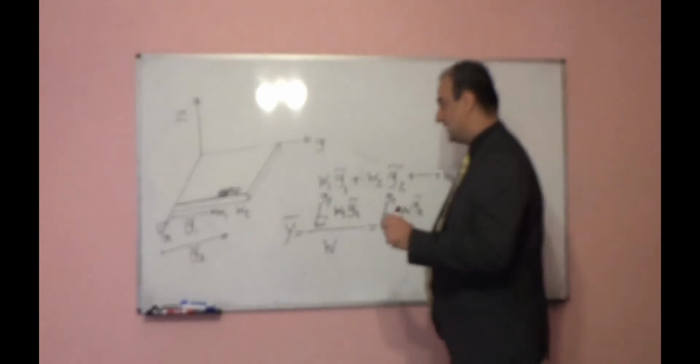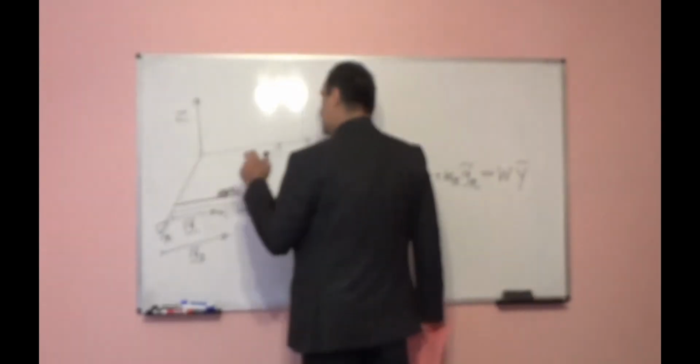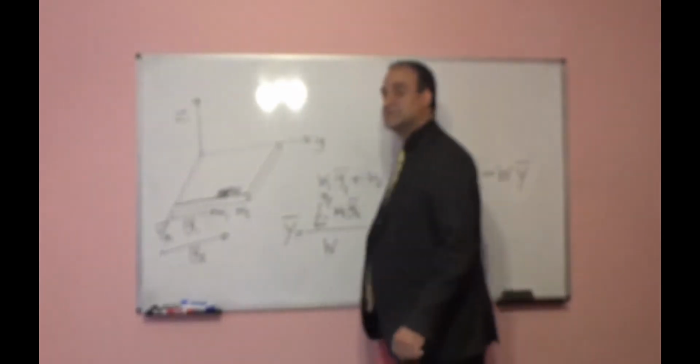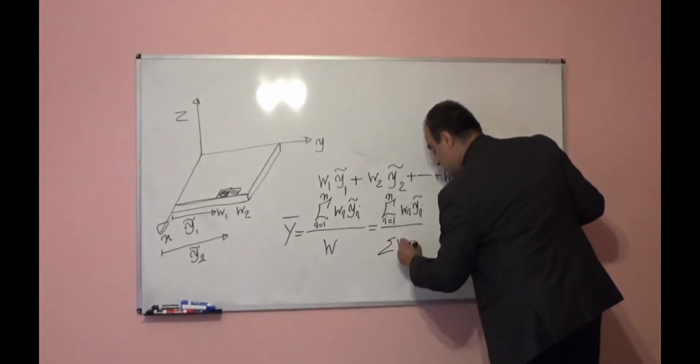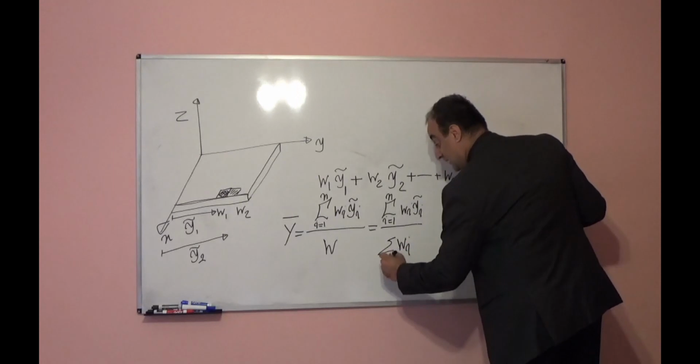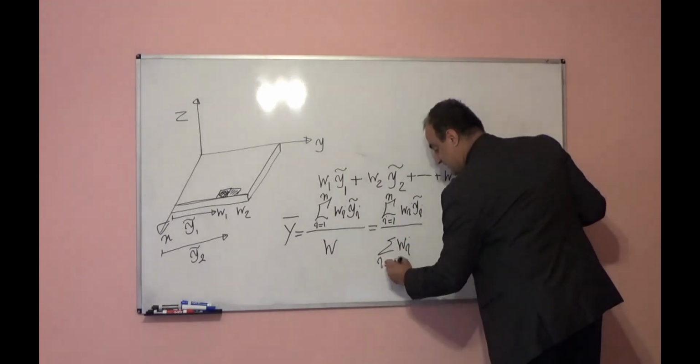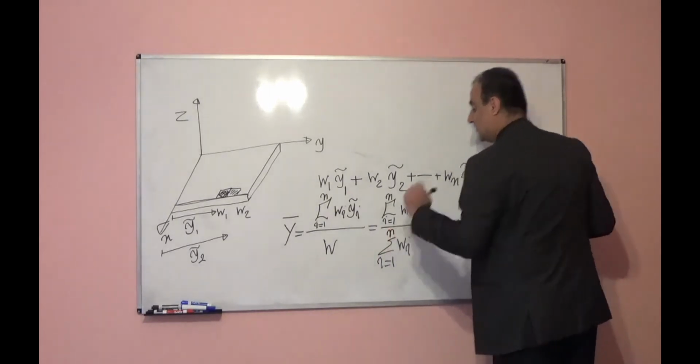If I divide this plate into n segments or n elements, I can write the total weight as a summation of each segment weight, with i from 1 to n.